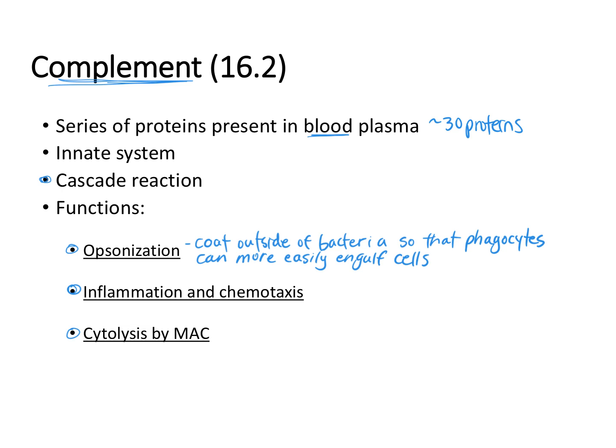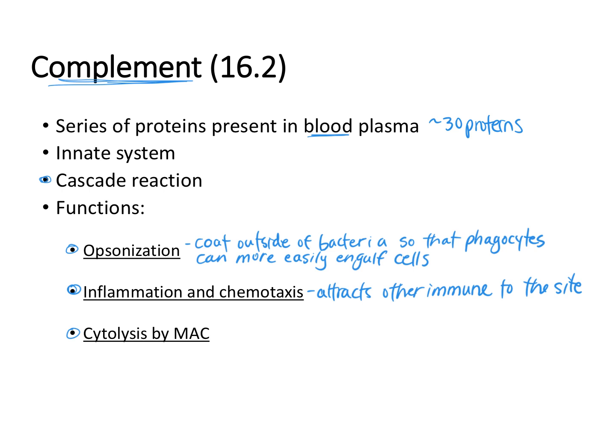Some complement proteins act to increase inflammation and chemotaxis of cells. Those two things kind of go hand in hand, as we'll see when we talk more about inflammation. So, in other words, attracts other immune cells to the site of infection.